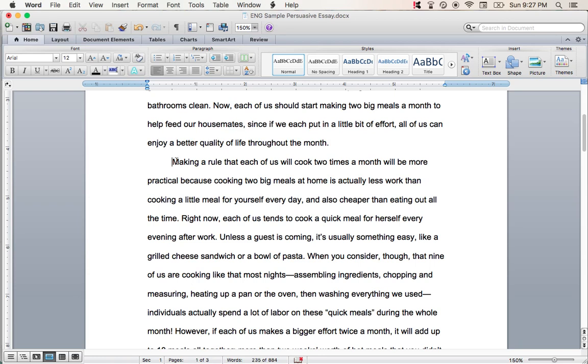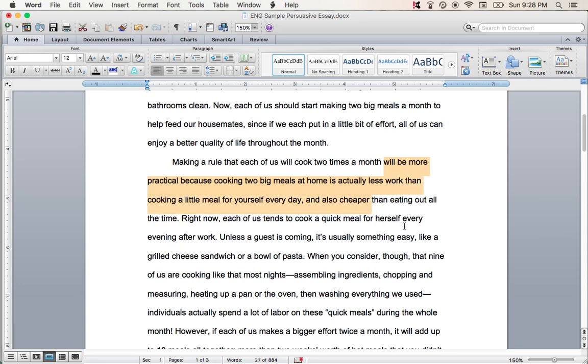And then we have the first body paragraph, which is focused on benefits of adopting the plan, right? The overall benefit of adopting the plan is we can enjoy a better quality of life. How can we enjoy a better quality of life? It will be more practical because it's less work and also cheaper, right?